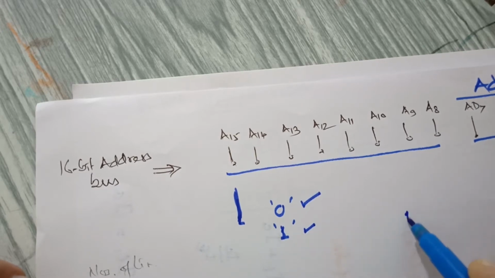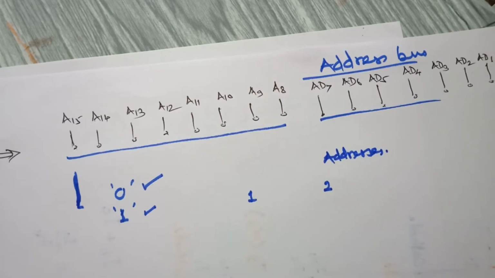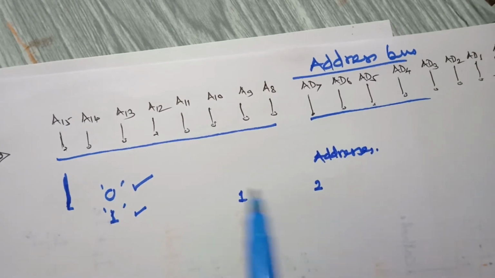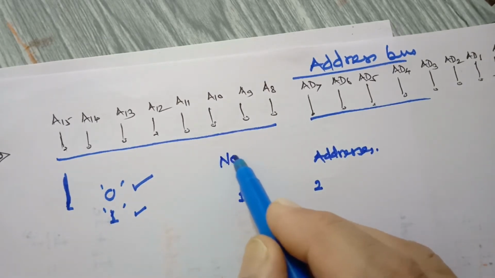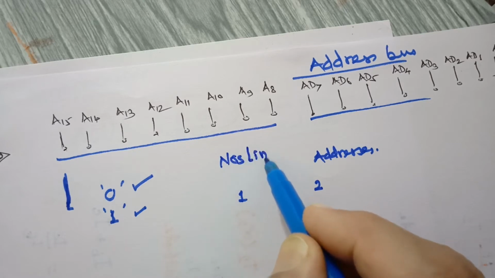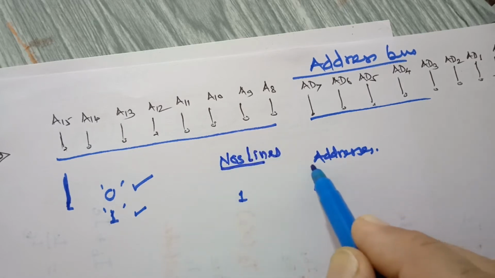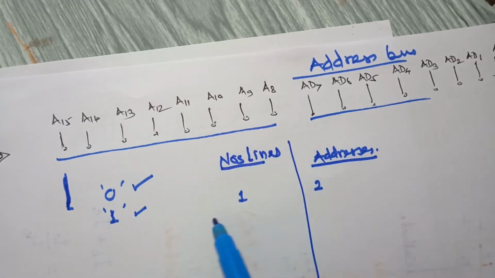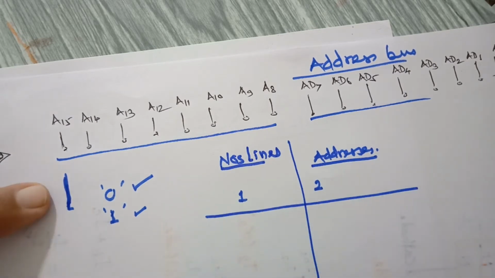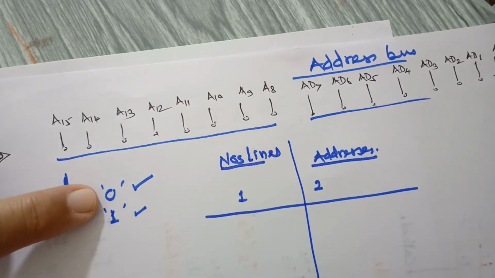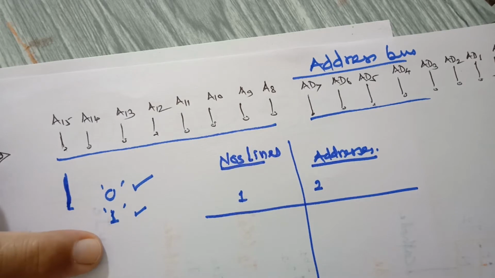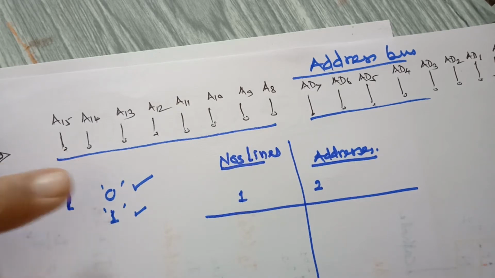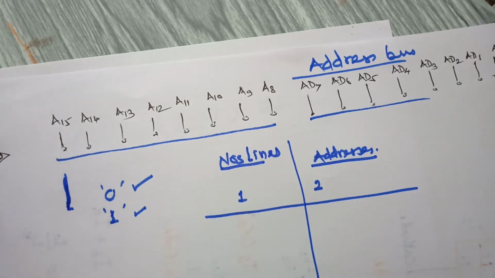So with one line you get two addresses. So let us list here the number of lines and addresses. Okay, if you have one line, on a single line it can be low voltage, it can be high voltage. So how many addresses are possible? Address 0 and address 1.